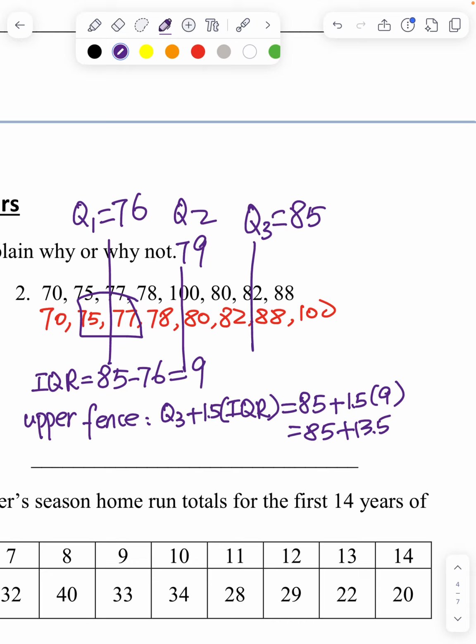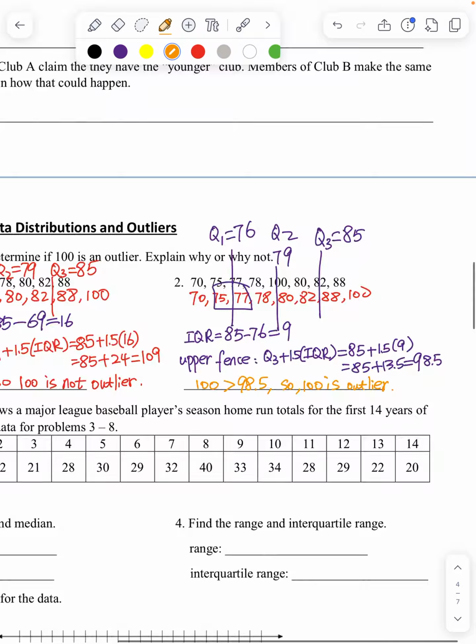And 85 plus 13.5 is 98.5. So this is the upper fence. And now the most important part, 100 is greater than 98.5. It's too big. 100 is greater than the upper fence, so it's outside the upper fence. So 100 is an outlier. Yeah, so this is number 1 and number 2.